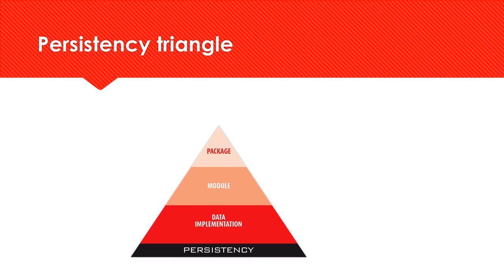The last triangle is the persistency triangle. Here, the first layer is the data implementation, which means the implementation of a generic table or an interface class data table. We make sure that these are implemented and also that we save all the required data when it comes to persistency.